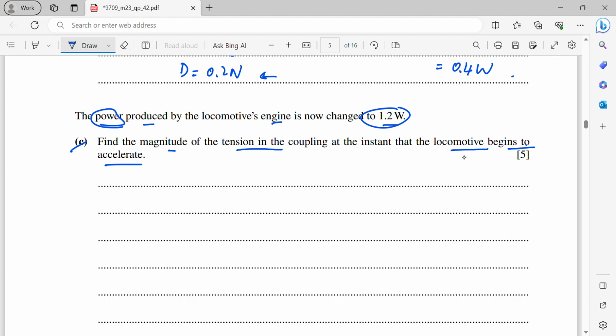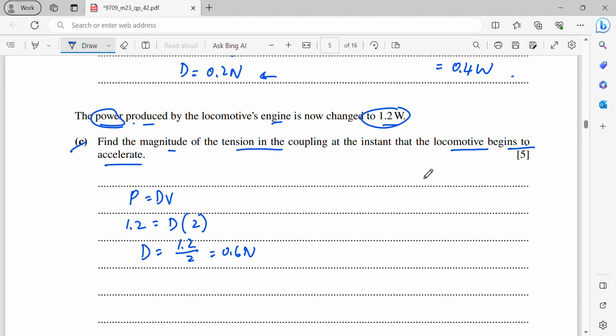Now I have to calculate what my D is. The power is 1.2 watt, D is unknown, and V remains 2. Then my D is 1.2 divided by 2, so you will get 0.6 Newton.